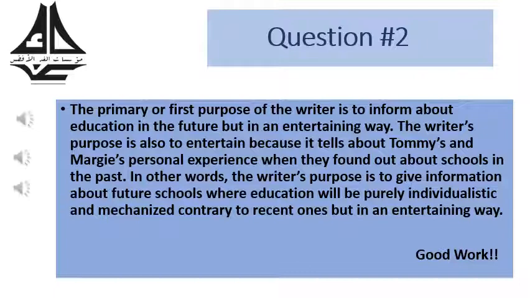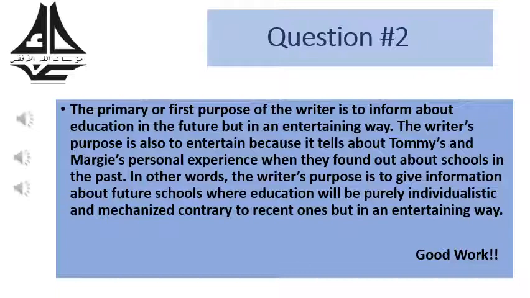What do you think? Is it to inform? Is it to entertain? Is it to persuade? And then they ask you, explain. Like, if you say it's to inform, you have to say why. If you say it's to entertain, you have to justify or say why. And if you say it's to persuade, you have also to explain your answer. Or in other words, you have to prove.